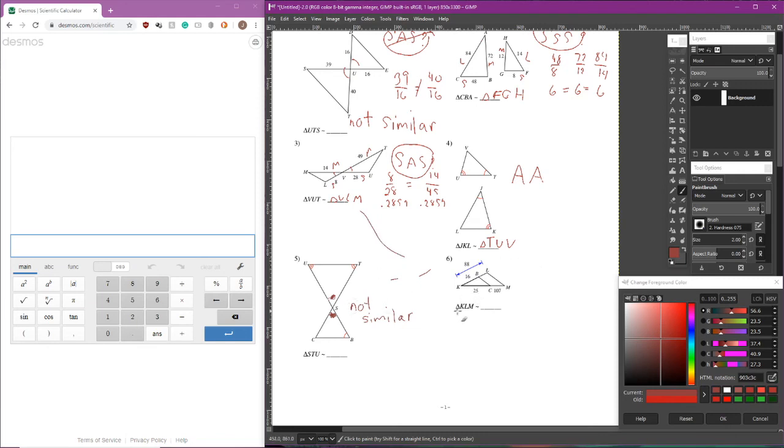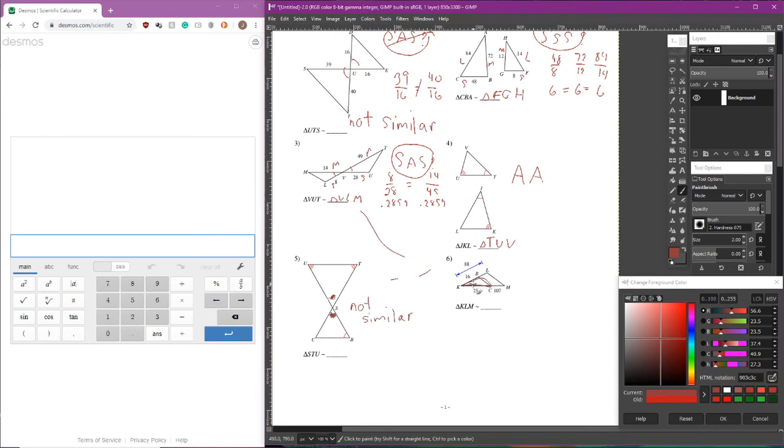Number 6 says triangle KLM, that's the whole triangle, is similar to another triangle. Well, the other triangle that they're talking about is this triangle that's smaller in the bottom left-hand corner, and it consists of K, B, and C. But we have to prove that they are similar.